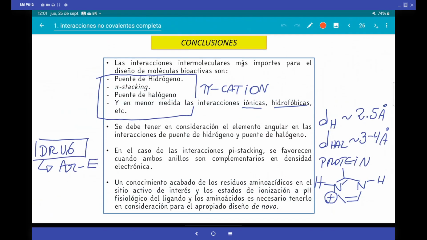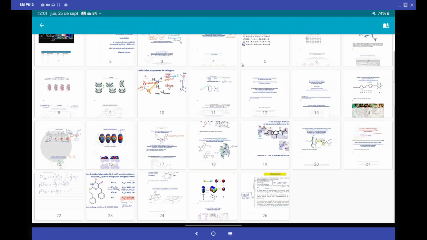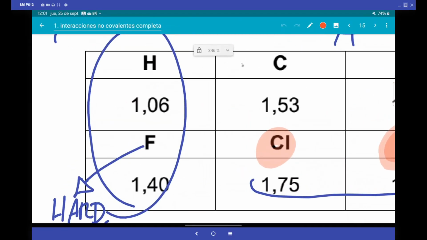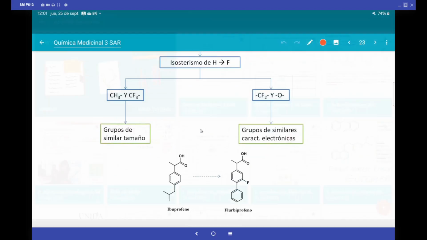There we have a 35% difference in size, the only two that are similar in angstroms: 1.06 and 1.4 angstroms of atomic radius. And it is good to suddenly see that type of values.